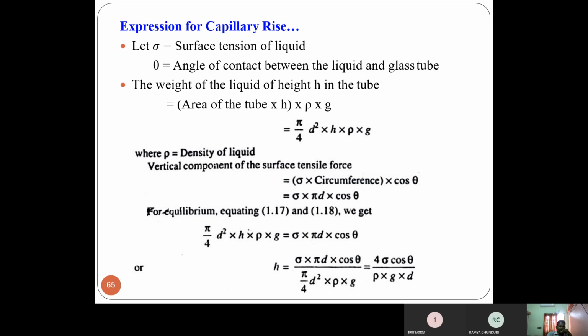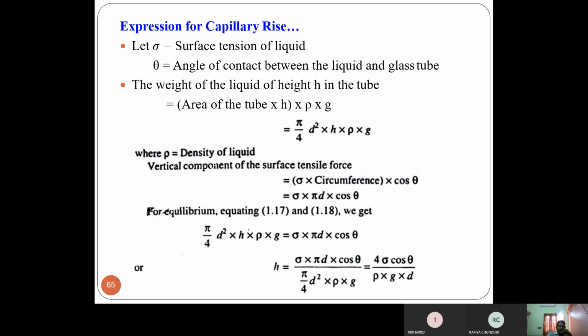What is the relationship between density and mass? Density is equal to mass by volume. Volume is nothing but area into height. Volume into density is equal to mass, because density is equal to mass by volume; cross multiplication gives m equal to volume into density.